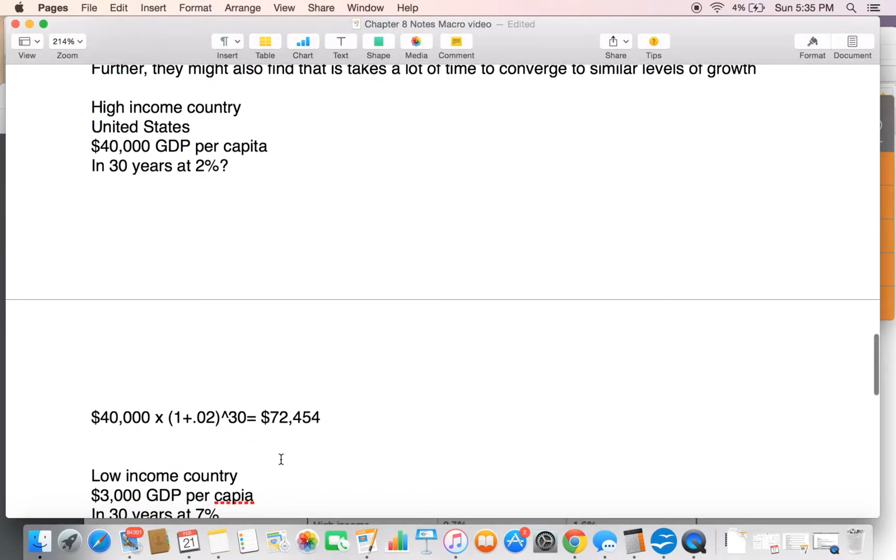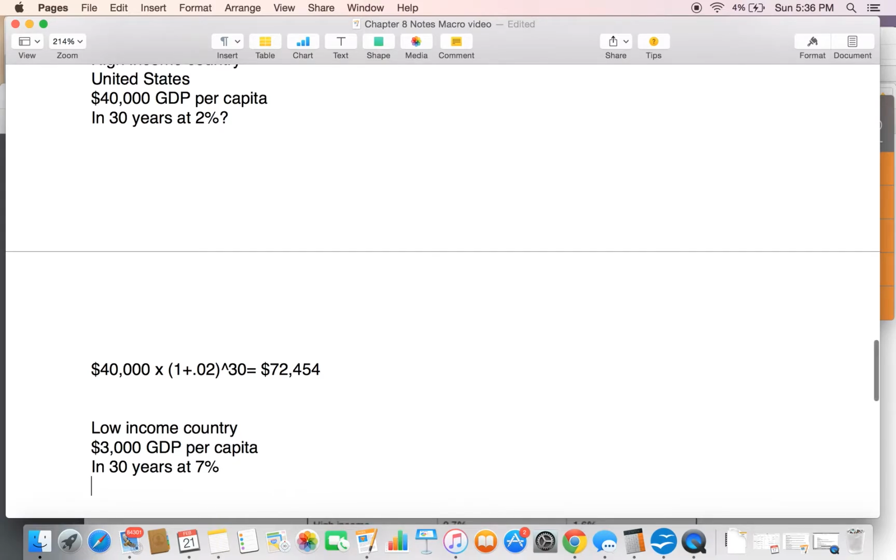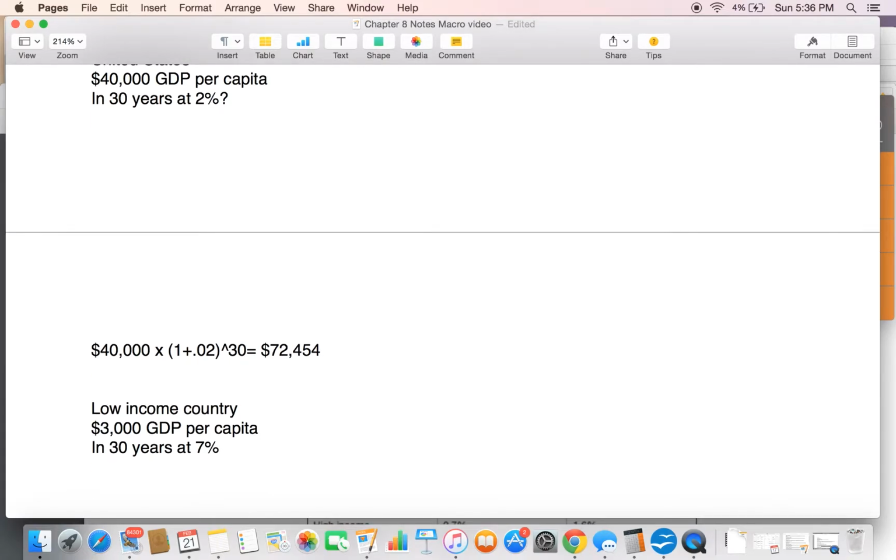Now, if we have an economy that's very not similar, a developing country, and they have a low GDP per capita, their GDP per capita is only $3,000. Well, even if they're growing at 7%, what will their GDP per capita look like in 30 years?